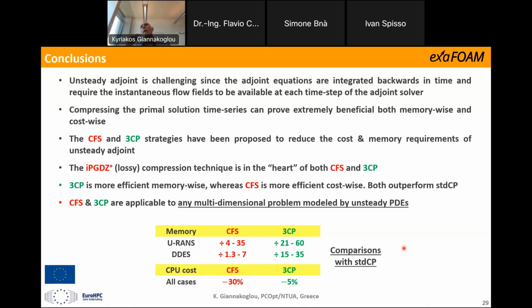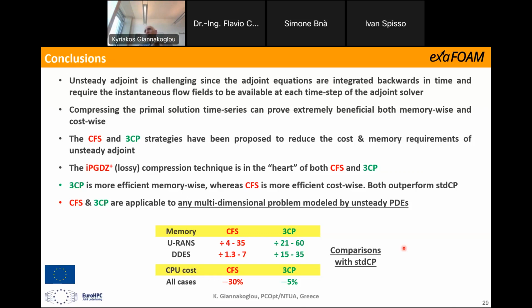They both work perfectly and reduce the cost and memory requirements of unsteady adjoint. Both of them are based on this package, the so-called IPGT plus lossy compression algorithm. This is the heart of both of them. Comparing 3CP and CFS, 3CP is more efficient memory-wise, whereas CFS is a bit more efficient cost-wise.